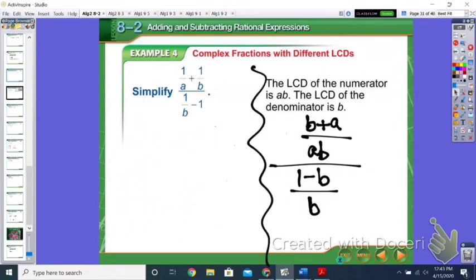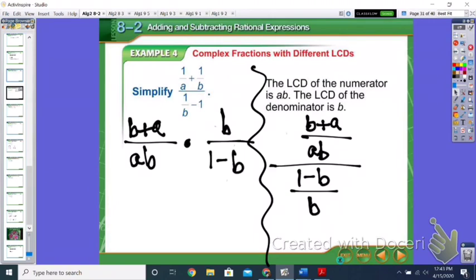So if you remember last week, we said that if I'm dividing by that fraction, it's the same as multiplying by its reciprocal. So that would look like B plus A over AB, I'm just taking the numerator, times the reciprocal of the denominator. So that would say B over 1 minus B. Right? And now we want to look to see, can we simplify?